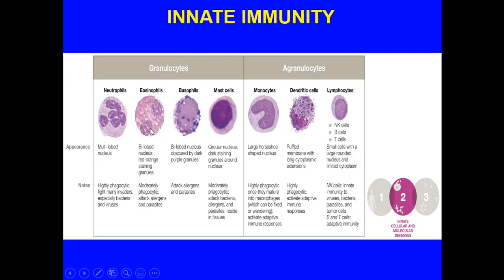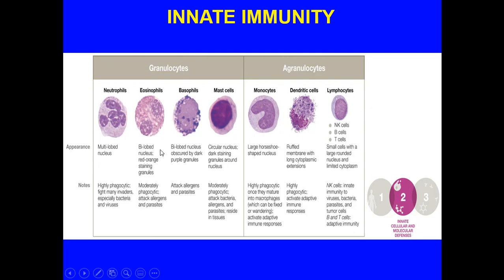Eosinophils are very strange in the sense that, yes, you'll get this nucleus, but you'll also get reddish orange staining granules. The stain is able to determine whether the structures are acidic or basic. And if they're acidic, they're going to pick up eosin, which is a cell stain.